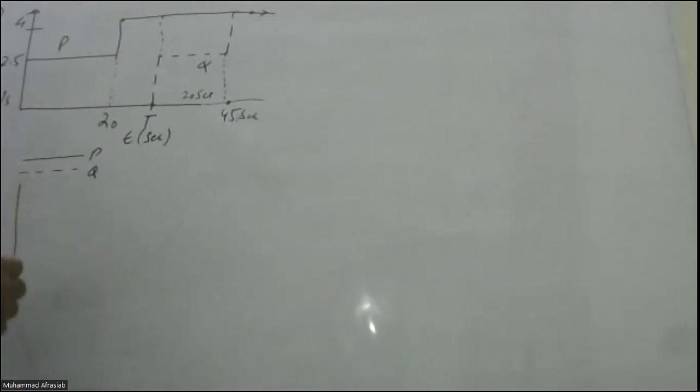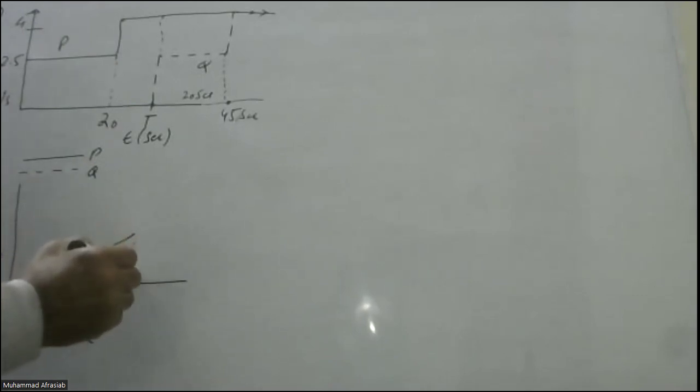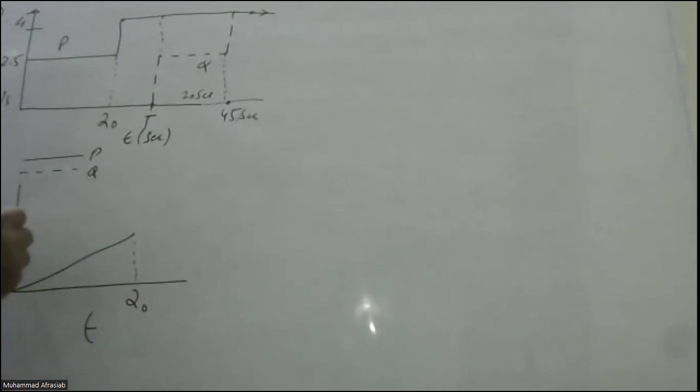So if we draw the graph of displacement against time, up till here it is 20 seconds, and the distance is 20 into 2.5, which is 50 meters.